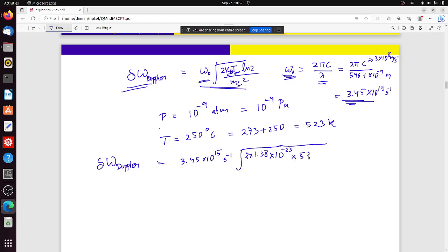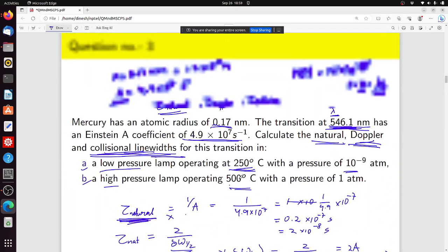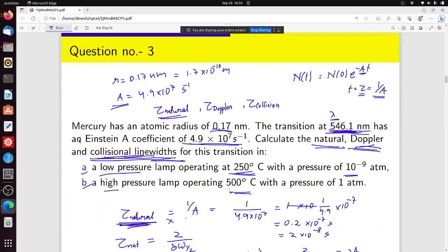Temperature is 523 Kelvin, and ln 2 divided by the mass of the... okay, mass you have to calculate. What is given? Mercury atom. Okay, so the mass of the mercury atom you have to calculate first.